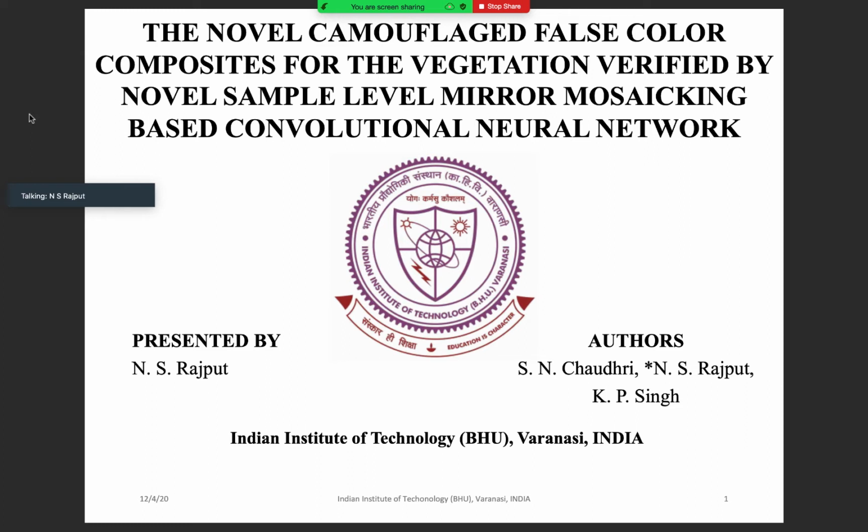Accordingly, in this work, we are reporting how efficiently we can classify such pixels using our proposed false color composite using deep networks. So this is the work which we want to present.